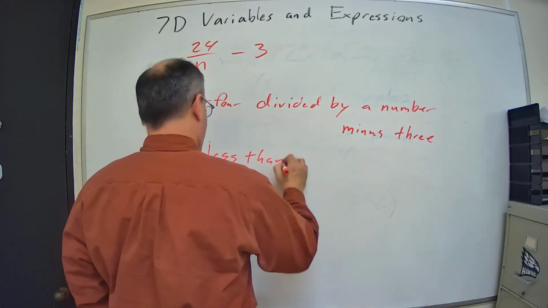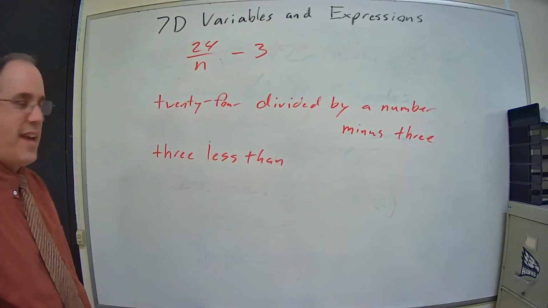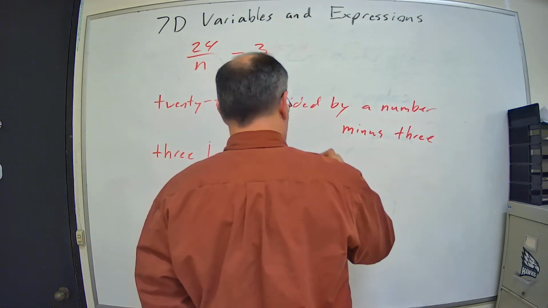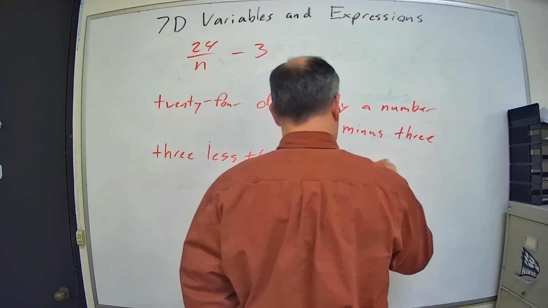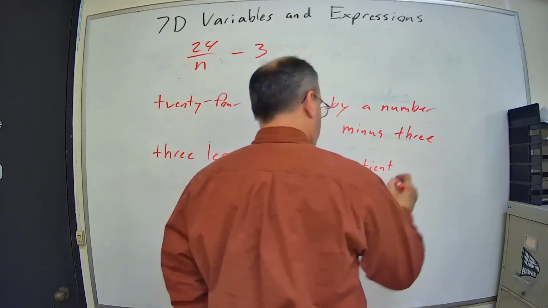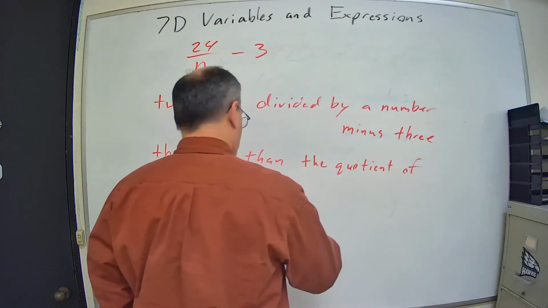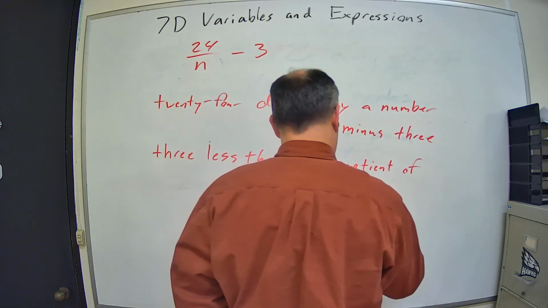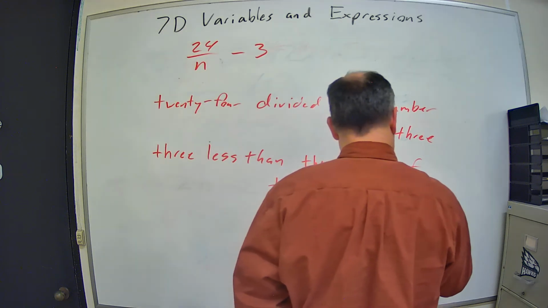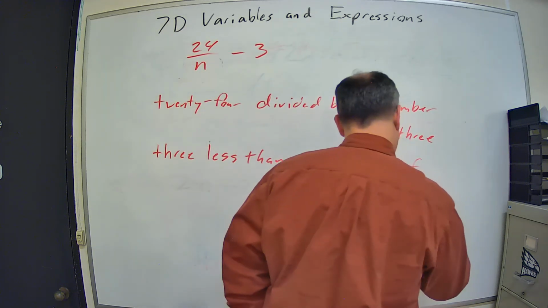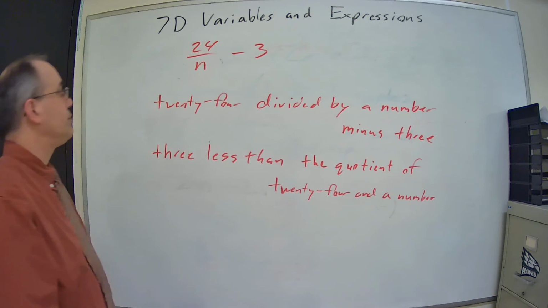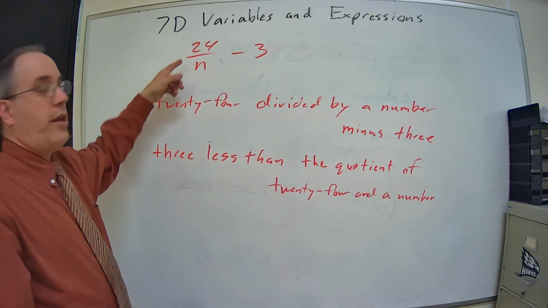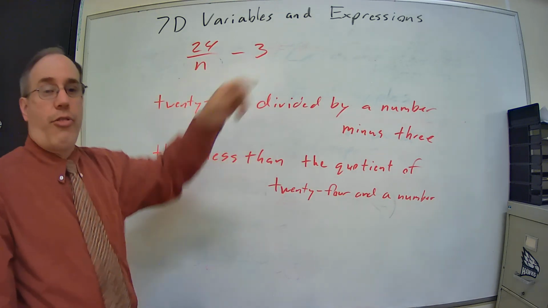3 less than. Remember, we used that on a previous one. Less than meant we were taking away. 3 less than the quotient of 24 and a number. The quotient of 24 and a number less 3.